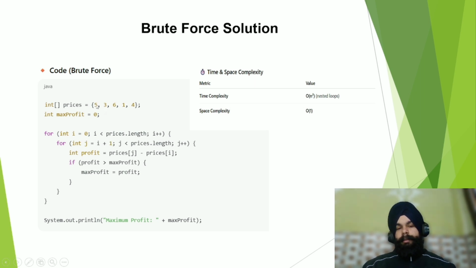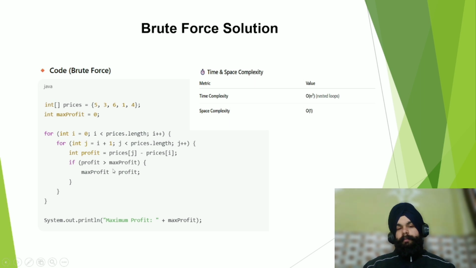Let's suppose i is 5 and our j will be 3, and we have declared an int profit for calculating the profit from different index values. Let's suppose if the profit is greater than max profit, then our max profit will be profit.